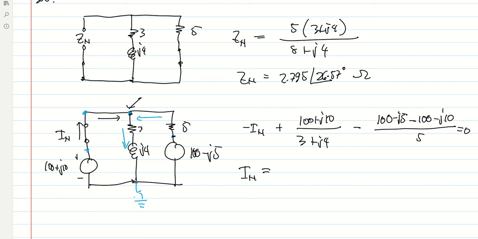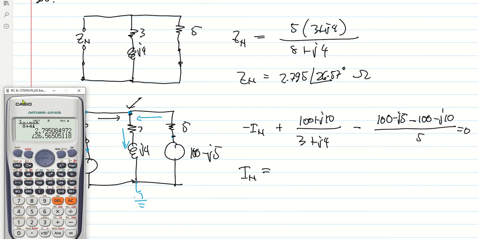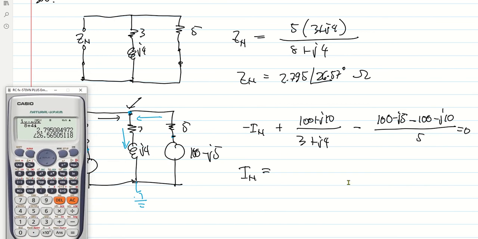We move IN to the other side, then we add this, and this will be our IN. So we have 100 plus J10 all over 3 plus J4. Then we subtract this one with, so 100 minus 100 will cancel out, minus J5 minus J10, that's negative J15, and it's also negative, so we just add it.